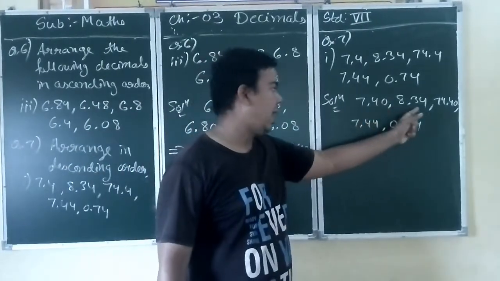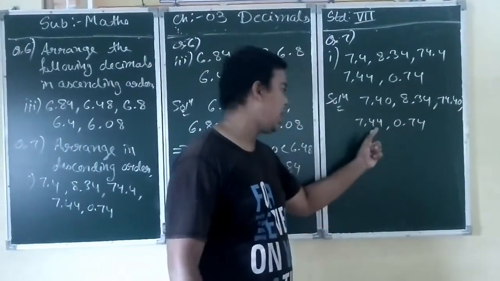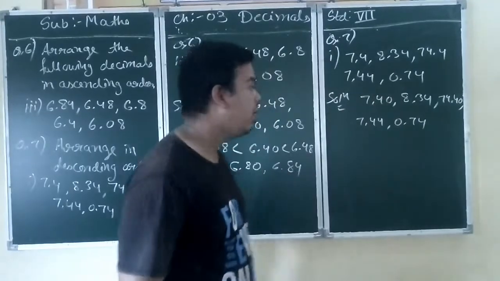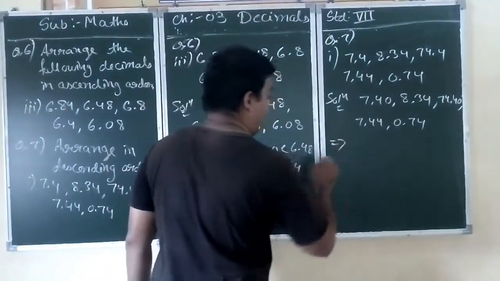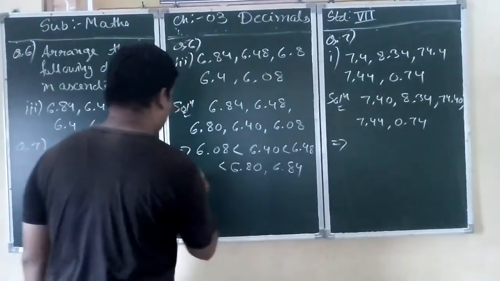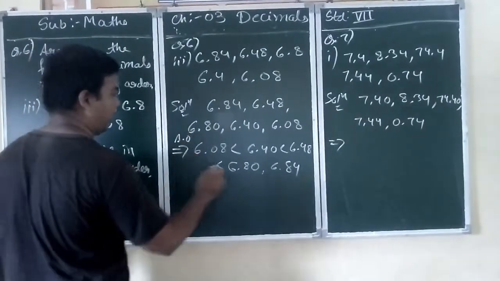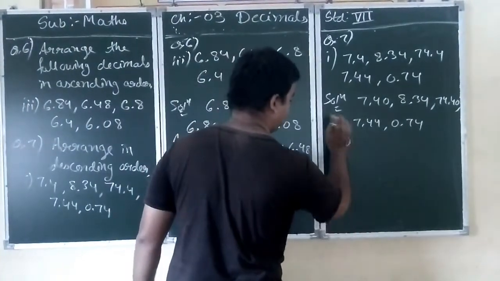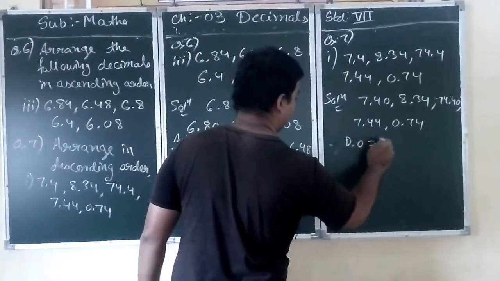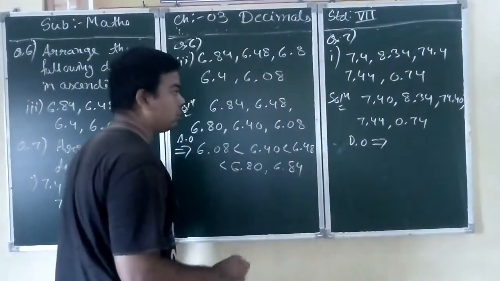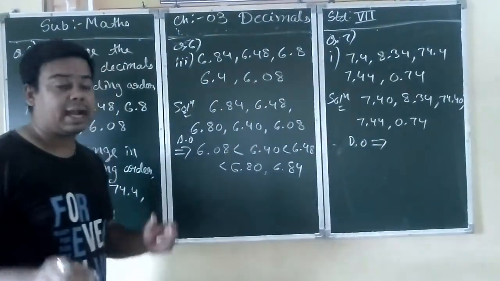Tens, hundreds. Now you write in descending order. Descending order means greater to smaller.